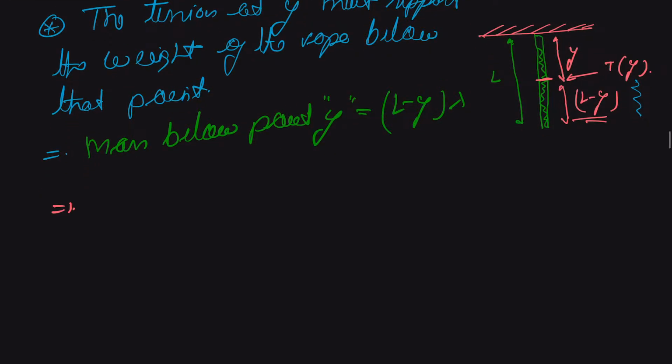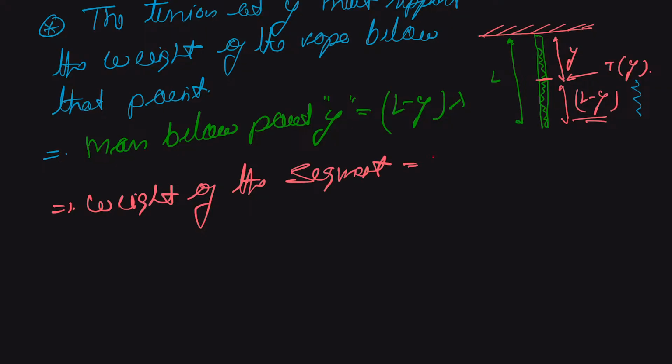So we can say that the weight of the segment, let us suppose that is W, will be equal to lambda g times L minus y. Okay.